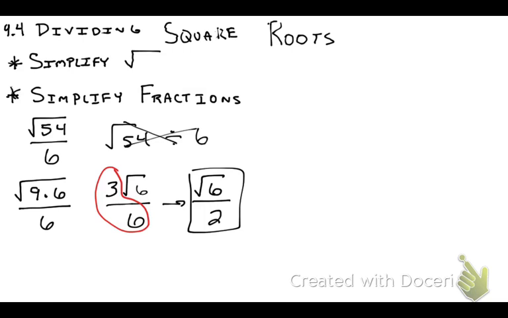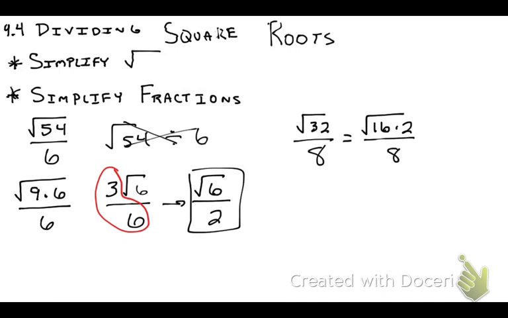Why don't you try one on your own? Let's try the square root of 32 over 8. Go ahead and hit pause and give that a shot. Let's see how you did. There's probably a couple different ways you could have done it. How I would have done this is I know that 32 is 16 times 2.